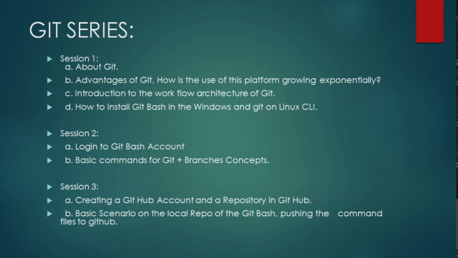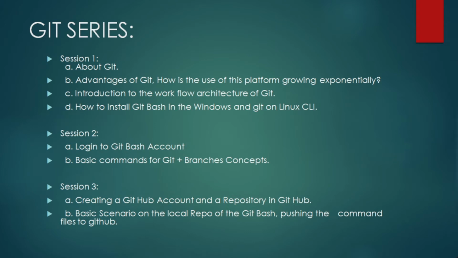In session 3, we are creating a GitHub account and a repository in GitHub. I've also prepared a basic scenario for the local repository in Git Bash: we create a folder, we go into that, we start the project for Git, and we initialize a local repository.